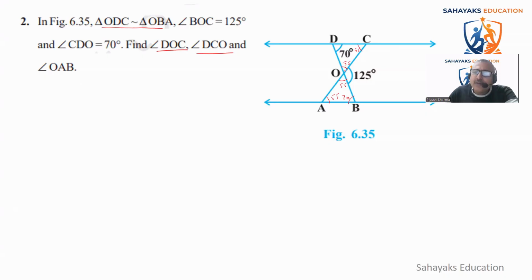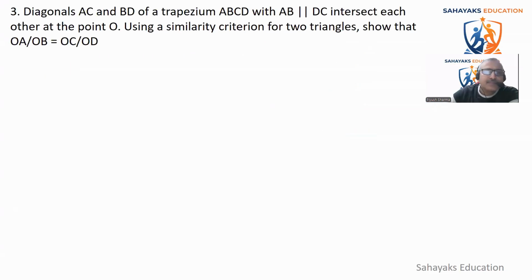And OAB is also 55. I don't know how it is related to similar triangles. Anyways, we can do it through similar triangles, but it is easier done the normal way, because they have mentioned the two lines are parallel. They should not have mentioned that the lines are parallel.